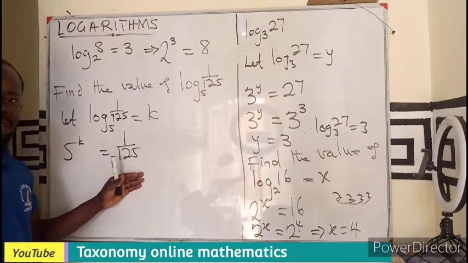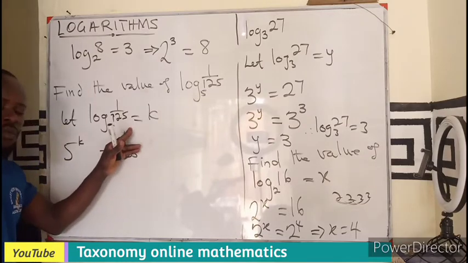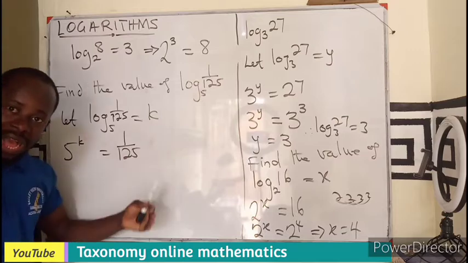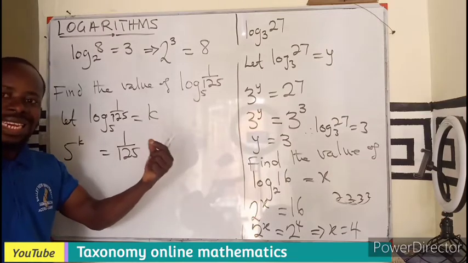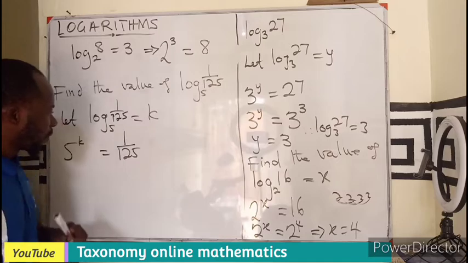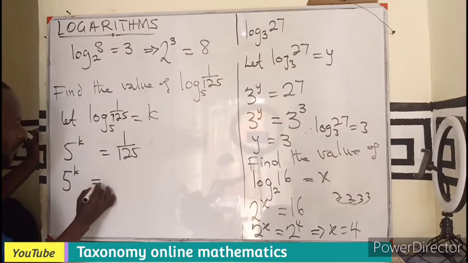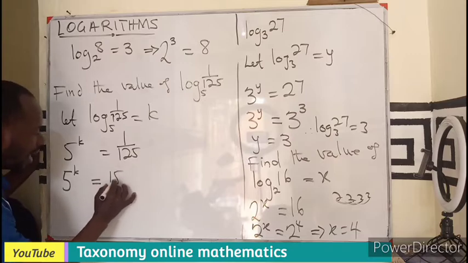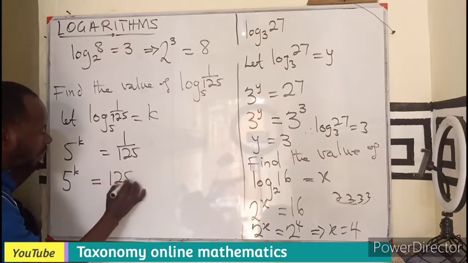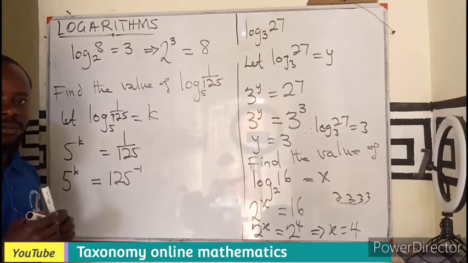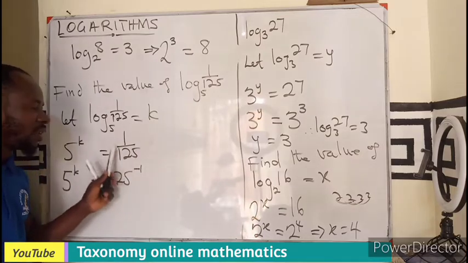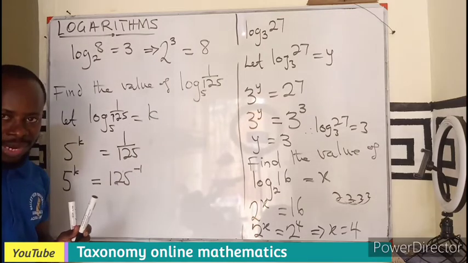So this is now in indices. We know that if we have 1 over a number, we can take the reciprocal, whereby we get the negative exponent. So this is going to be 5 exponent k equals 125 to the exponent what? In order to clear a fraction, it becomes a power of negative 1.